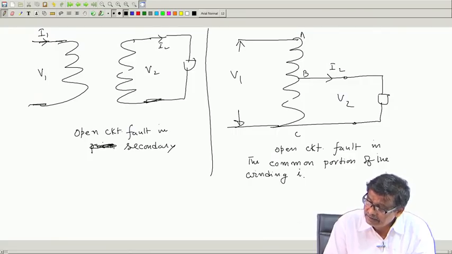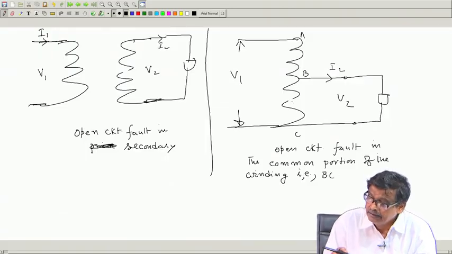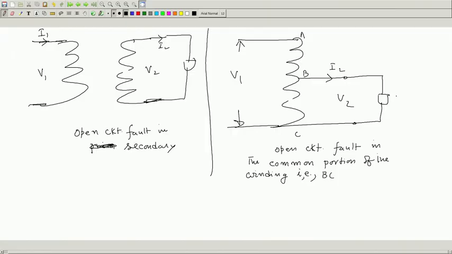In portion B C, an open circuit has taken place. What happens to this current? This time we find that current can flow, V1 is there, through this current will flow, which was not possible here.